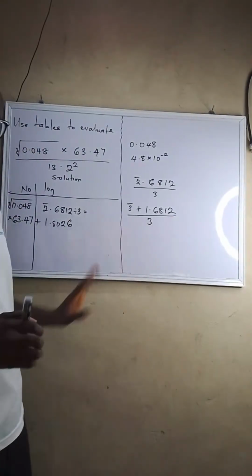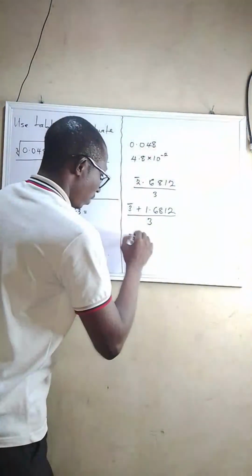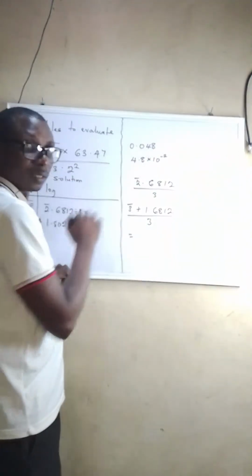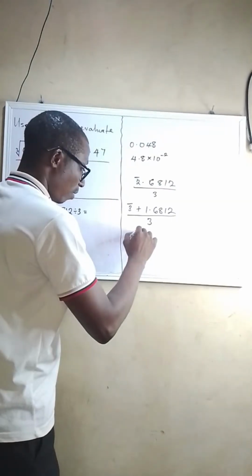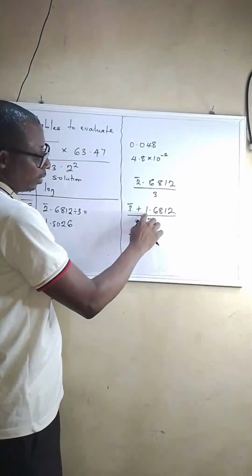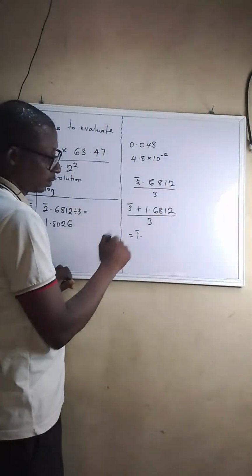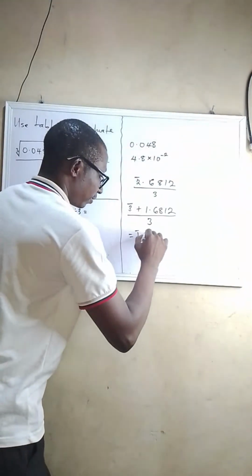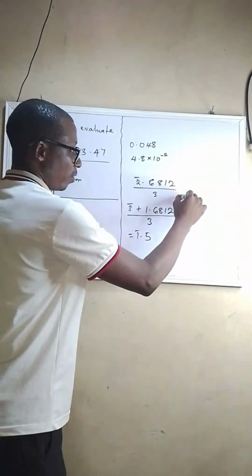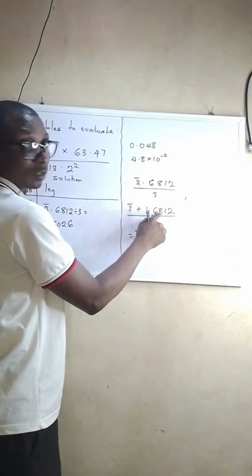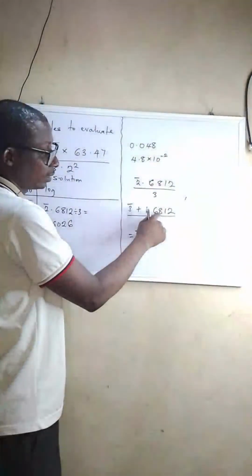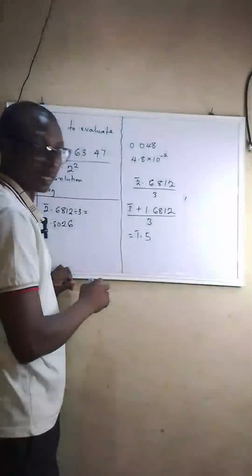Right, now let us divide. When you divide, 3 goes in bar 3. That's going to give you bar 1. Now 3 goes in 16. That is going to be 5. You remain 1, you put down 1 in front of the next digit, that gives you 18. 3 goes in 18, that is 6.